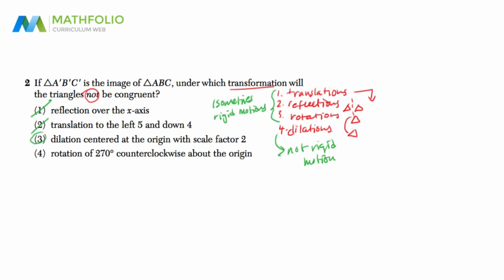Dilation, that's the one. A dilation with a scale factor of 2. The only time a dilation would give you a congruent shape is if the scale factor k was 1, and then no change would happen. It would just stay the same. Rotation, that just keeps the shape looking the same. It's just turned, but it's all the same size and the same angles. So number 3 is the answer to question 2.